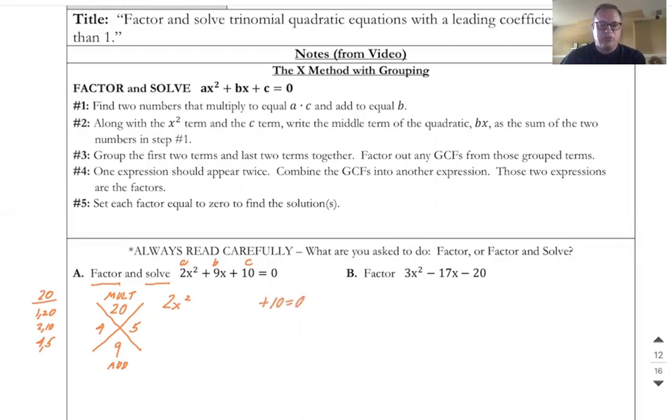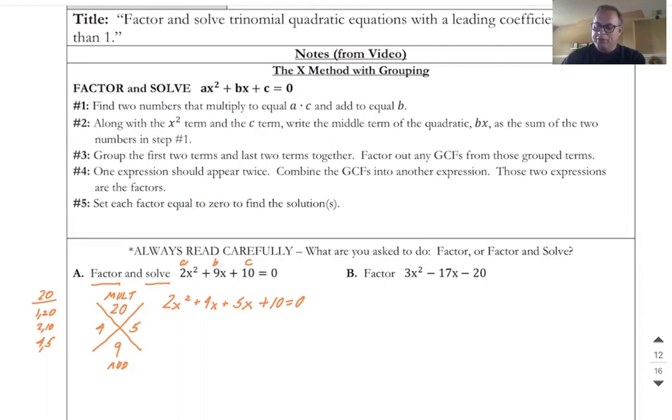Still an equation, so that's why the equal 0 is there. And we're going to change 9x into 4x plus 5x. You'll notice that the equation in orange that I just wrote is the same equation as up above. It just looks a little bit different. And that's step 2.